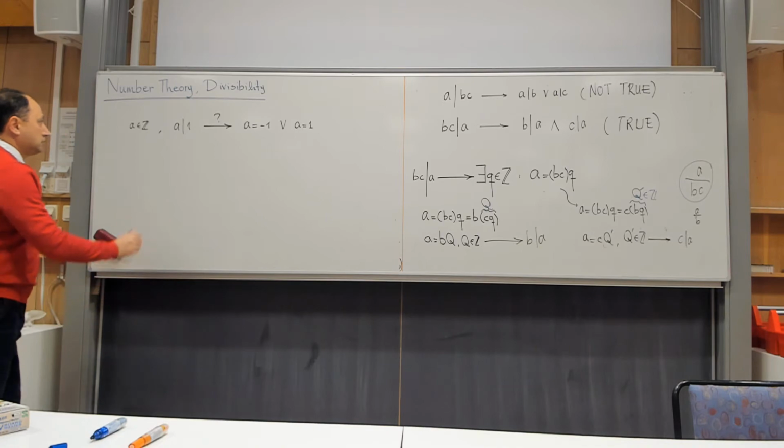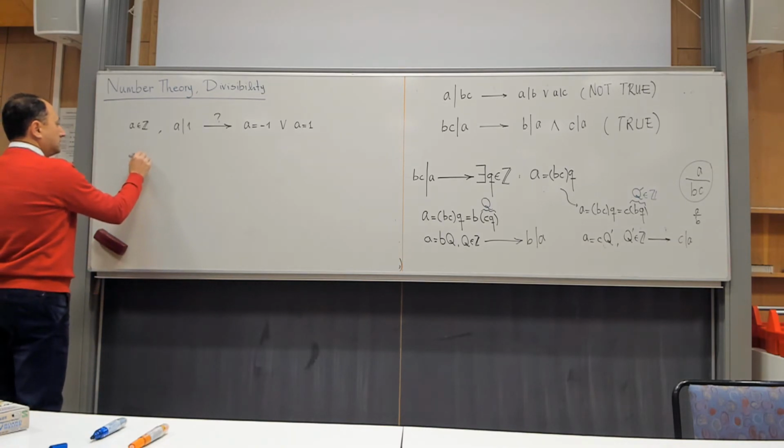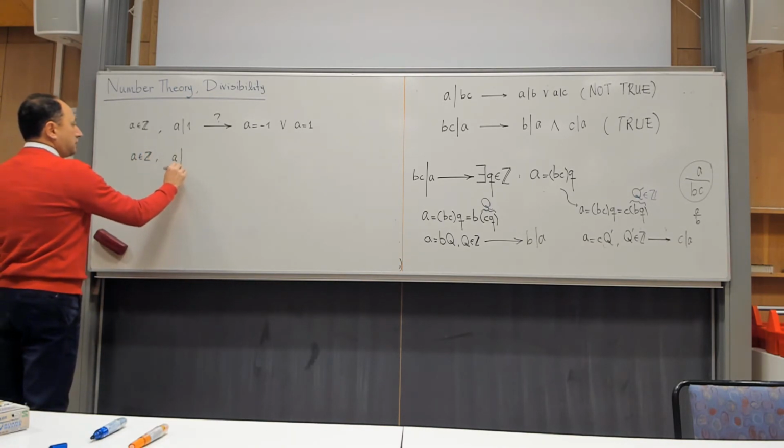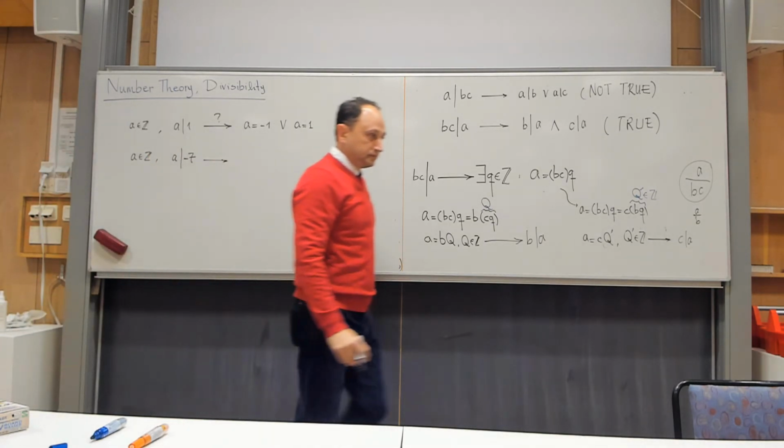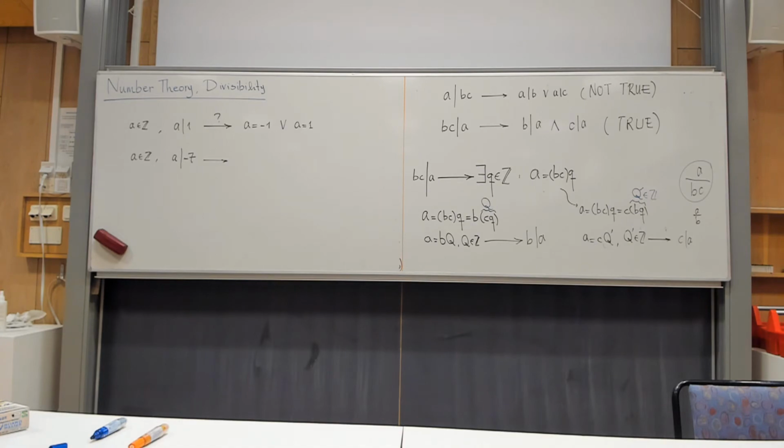Let me ask you another question. What do you think will happen here? If A divides minus 7, what can I conclude? What do you think I can conclude? A divides minus 7.